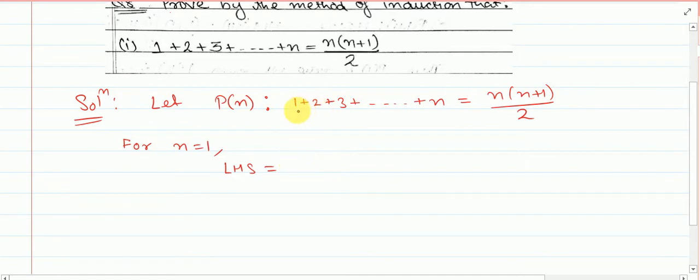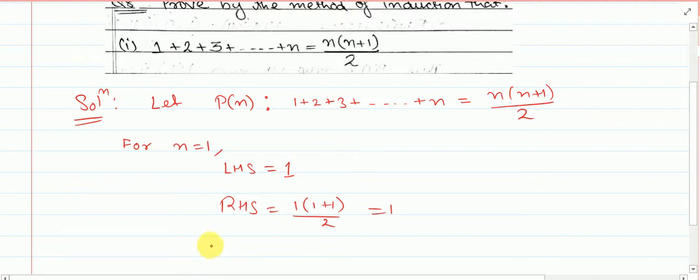Left hand side follows the pattern 1 plus 2 plus 3 till n, but here our n is 1. That means we just write the first one only. So left hand side is 1, and right hand side is given by n in bracket n plus 1 upon 2. Here my n is 1, so we get 1 into 1 plus 1 upon 2, so you are getting 1.